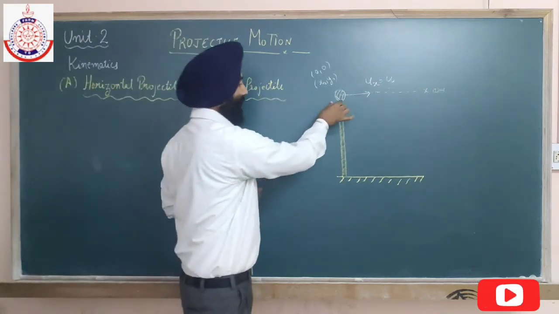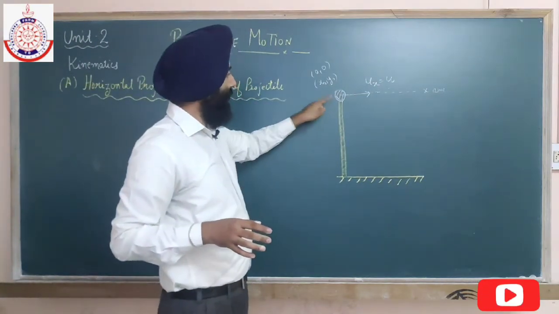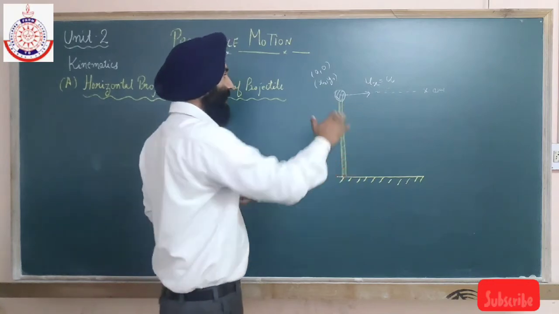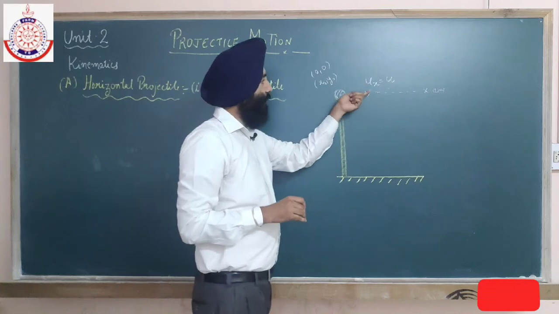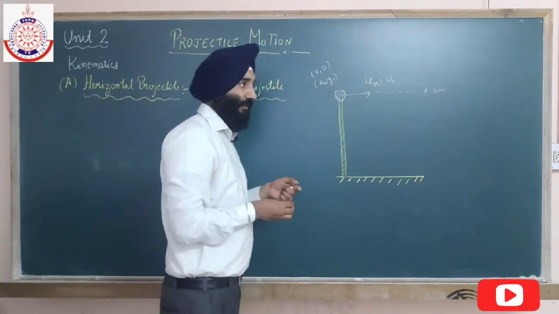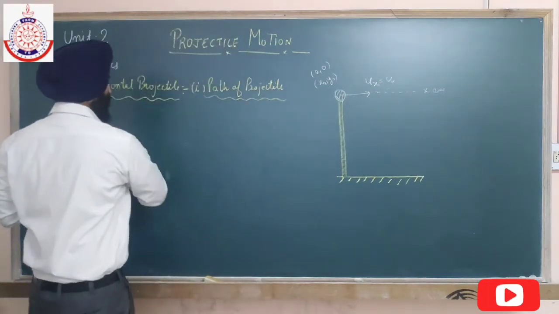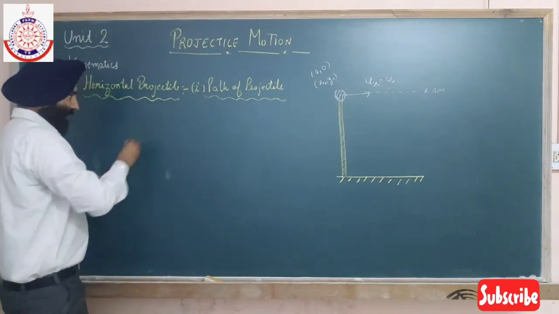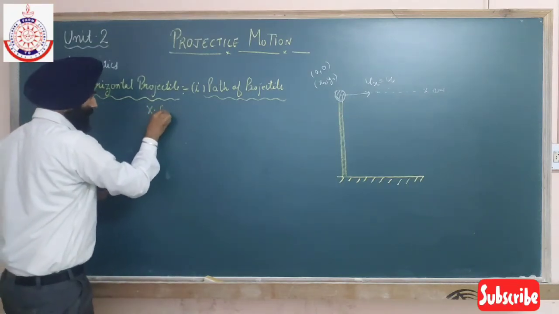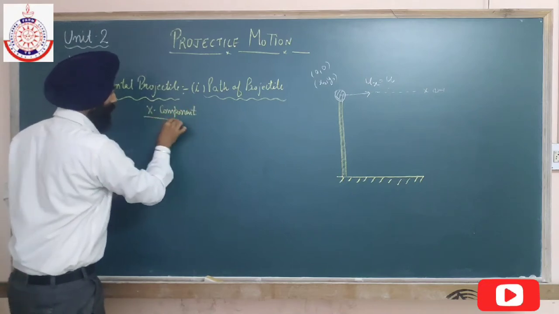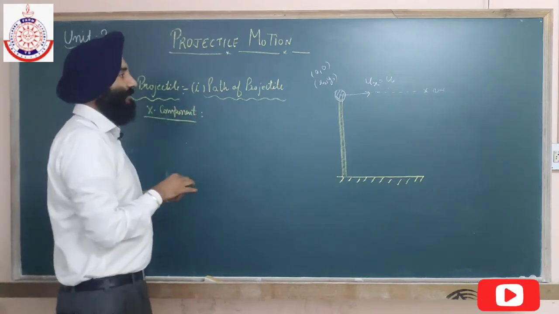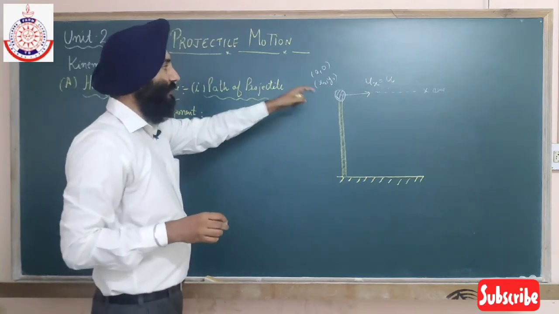So suppose here I am having a tower and we have an object. And I am giving some initial velocity u. It means initial velocity only in the x direction. So at first I am talking about the x axis, so at first x component. In the x component, what is the basic requirement which I am giving to this body?